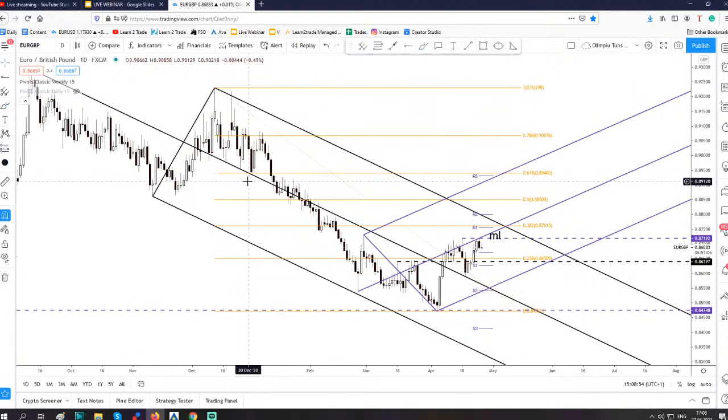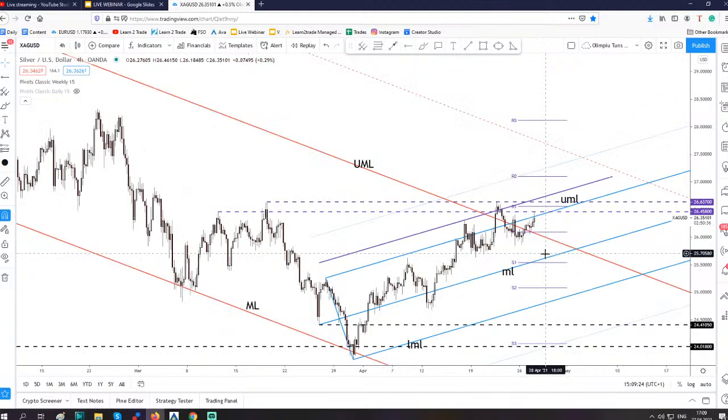Let's take a look also on the silver at the end of this webinar. Silver has retested the weekly pivot 26,092, and now it could continue to increase.